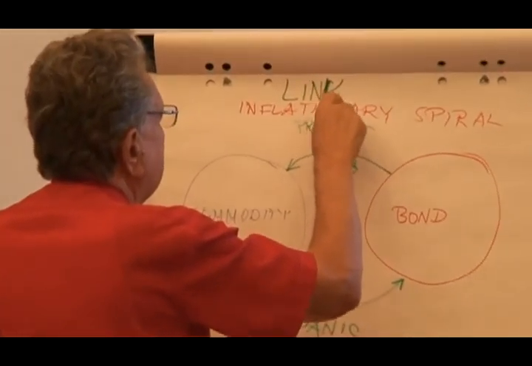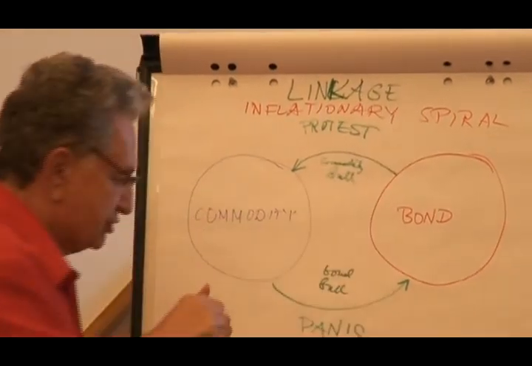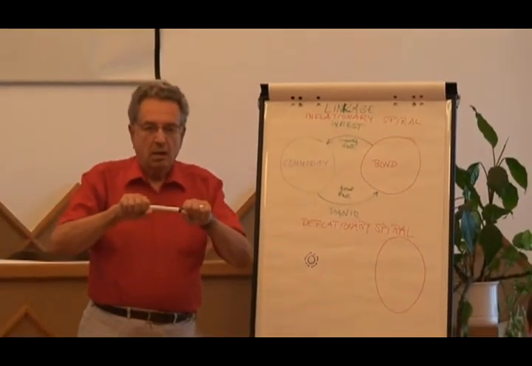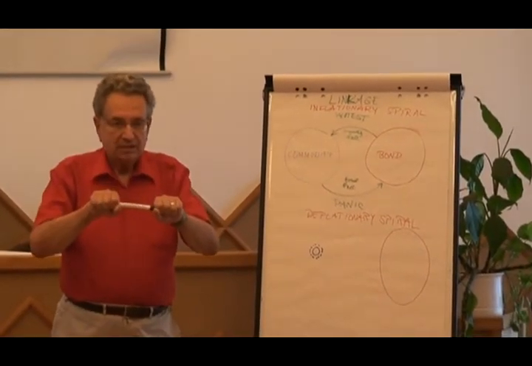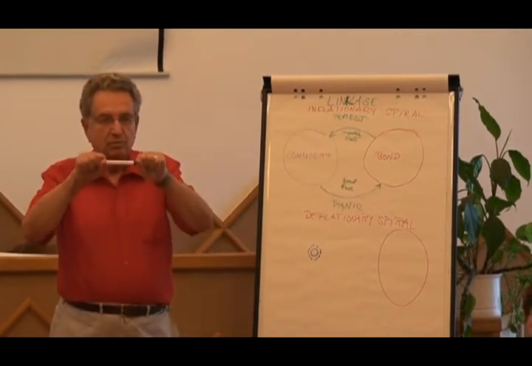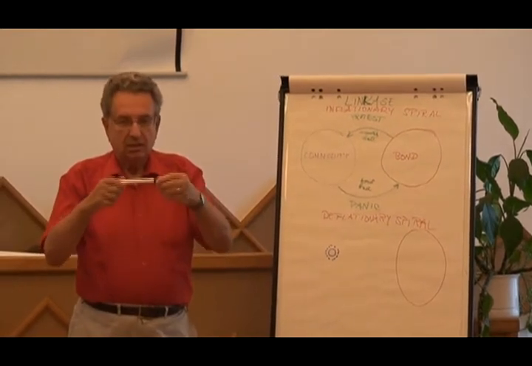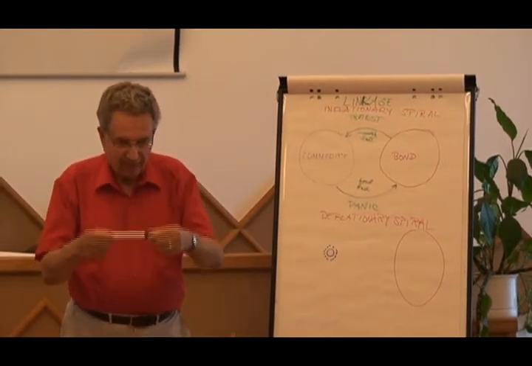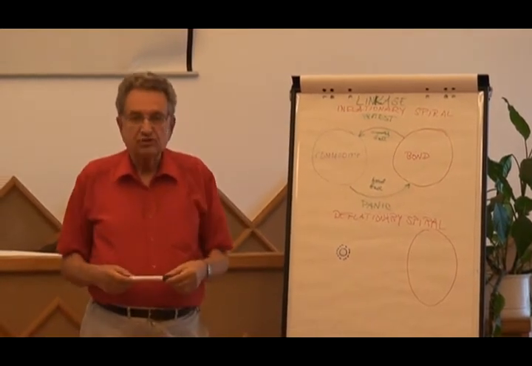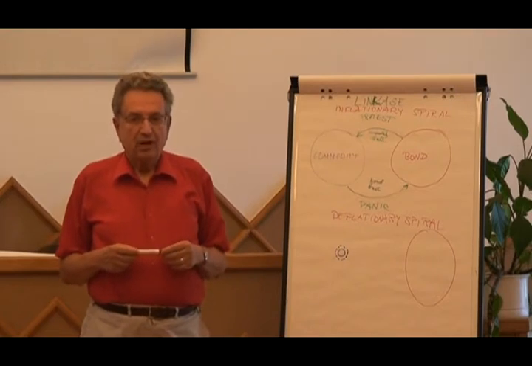Linkage, which suggests that the commodity prices and interest rates are moving together. They are linked. If they move upwards, both of them do, and the same downwards. Now, this is not an original link. Why?